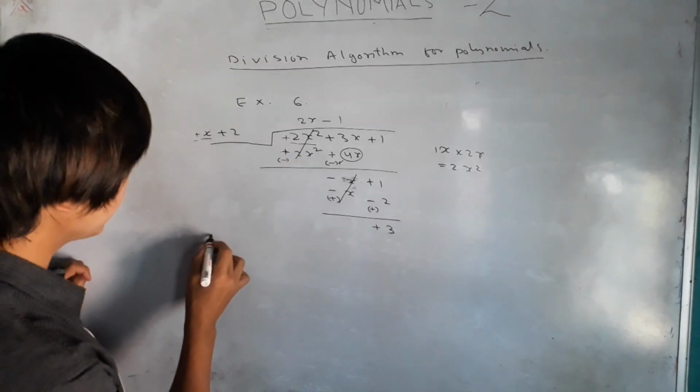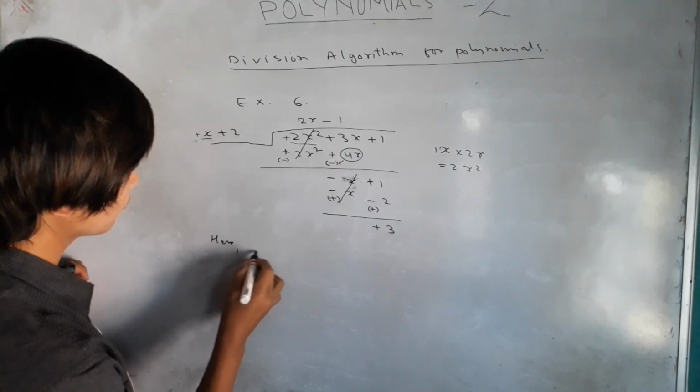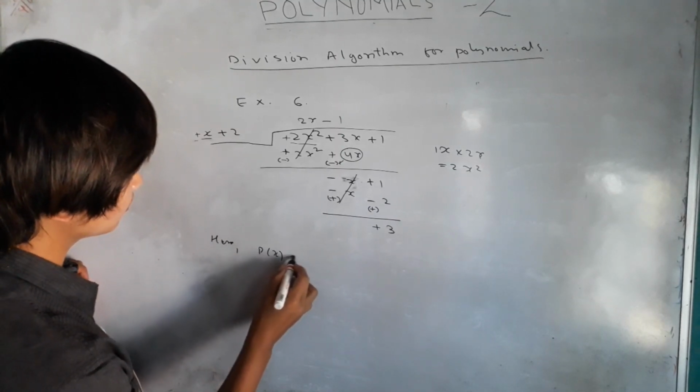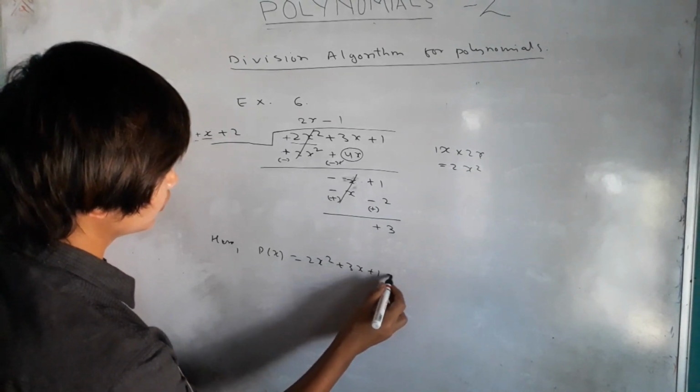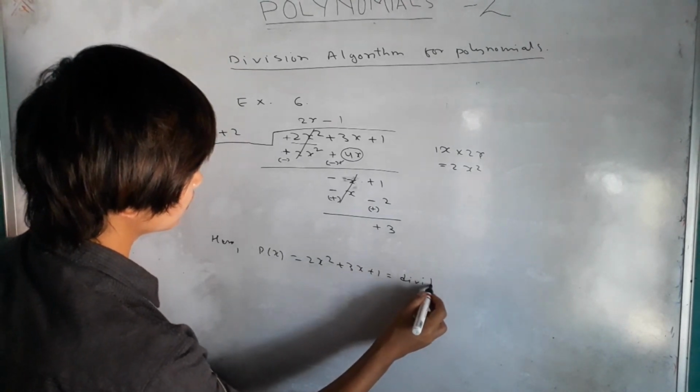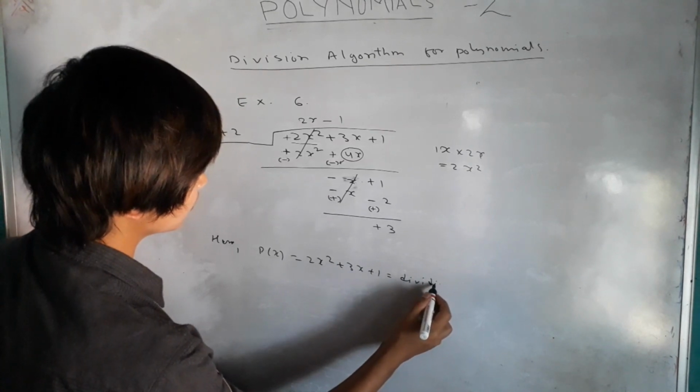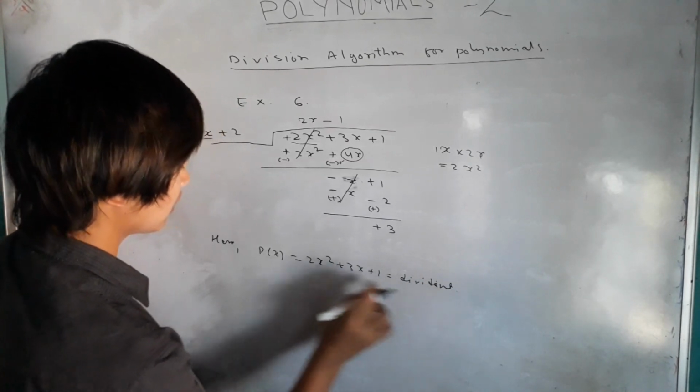Okay, here px was 2x square plus 3x plus 1, which is the dividend.